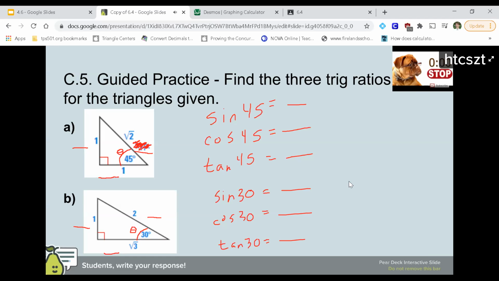So this opposite side, so that 1 over. If you put 1 over 2 like we did.